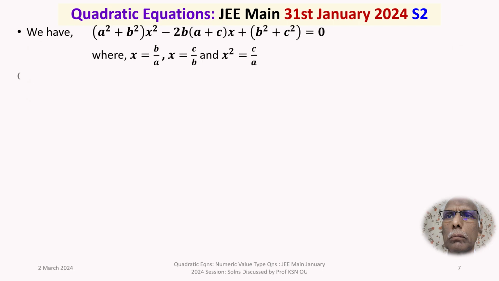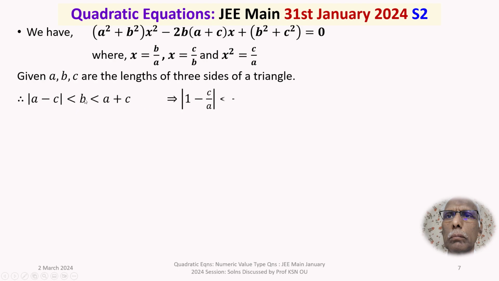That's what we have done so far. We are given a, b, c are the lengths of the three sides of a triangle. This condition we have not used. Let's use it now. We have the triangle inequality. The triangle inequality says the length of any side of a triangle is less than the sum of the lengths of the other two sides, and that is b less than a plus c.